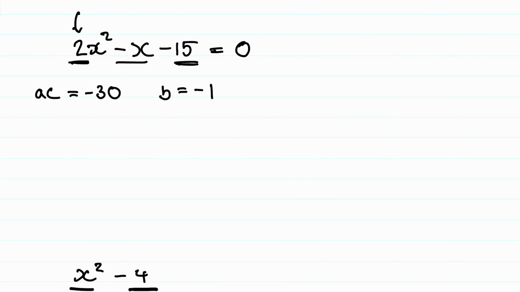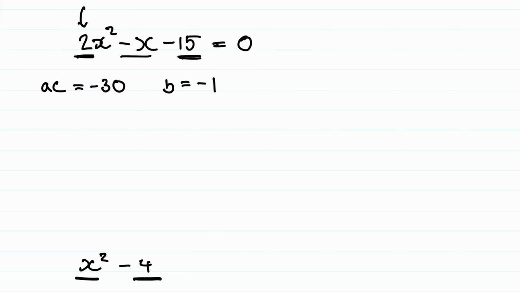So what we can do now is again think of two factors that would multiply together to give this ac product, and add to give the coefficient of our x, or b, if you like. In this case, that would be -6 and 5.